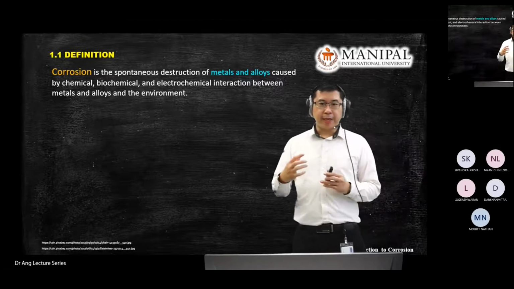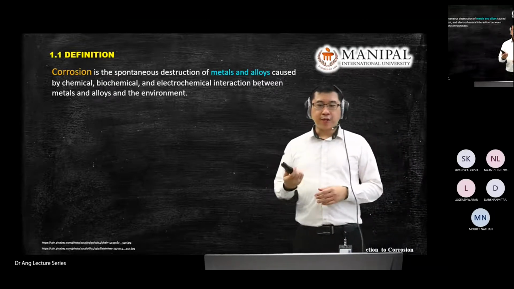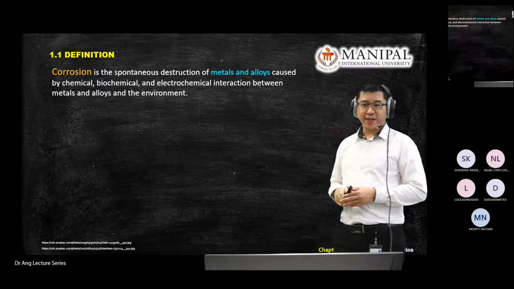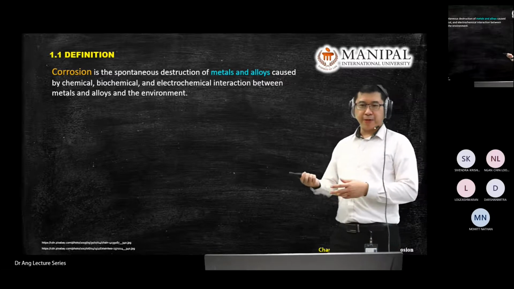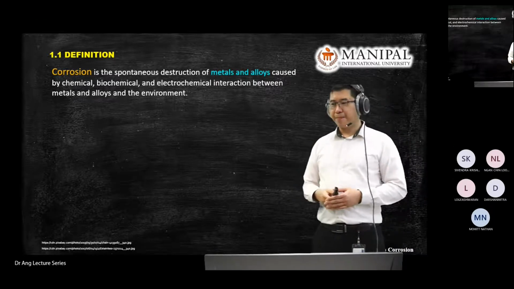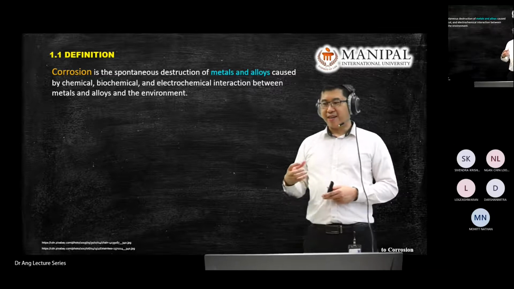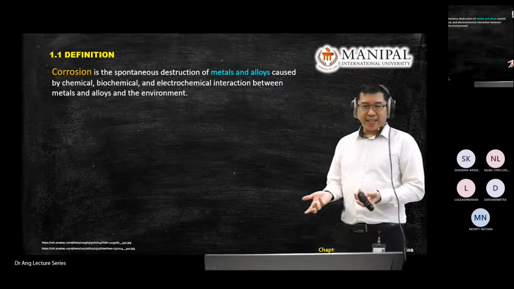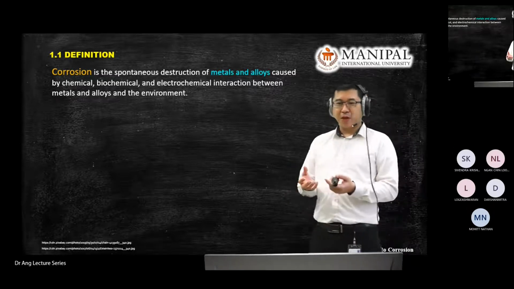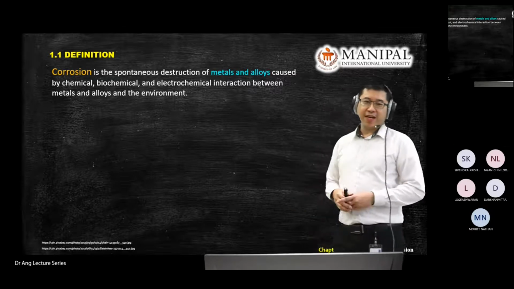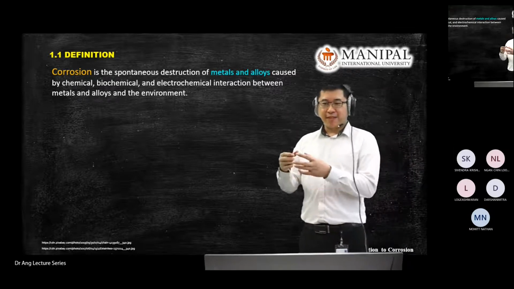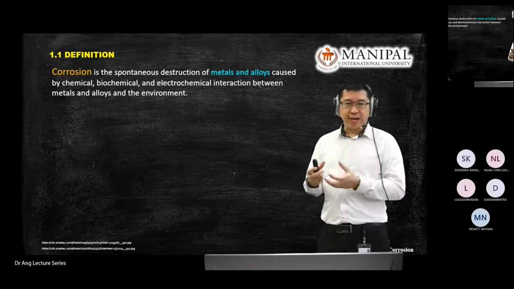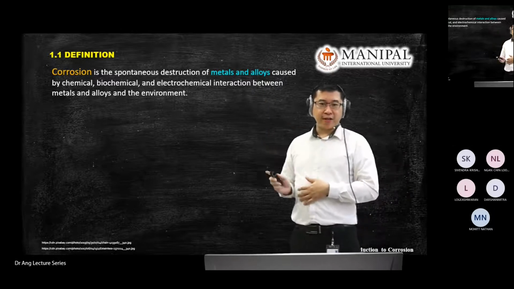You remember the material that it happens to. You don't say plastic corrodes, right? You don't say composite corrodes, right? You don't say a stone corrodes, right? You don't say water corrodes, right? You only say this metal, this device made from metal and alloy corrodes.